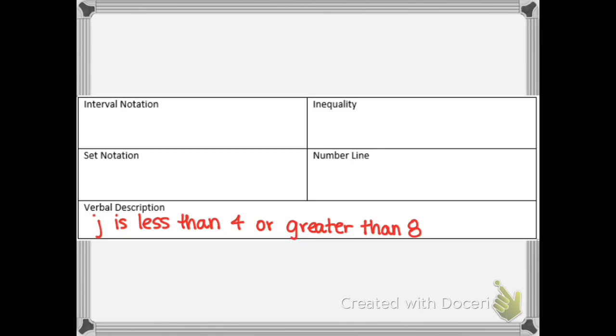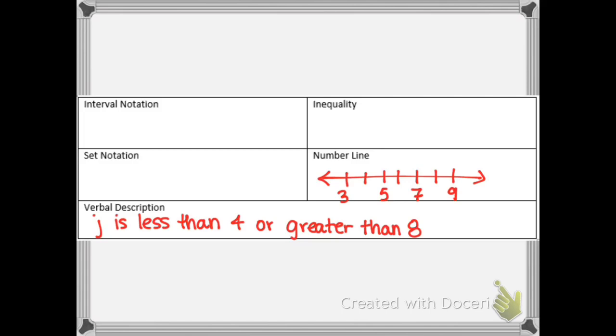J is less than 4 or greater than 8. So let's start a number line. So let's number from 3 to 9. You don't have to number every single number as long as we can get a sense of what the scale is on the line. That's sufficient.